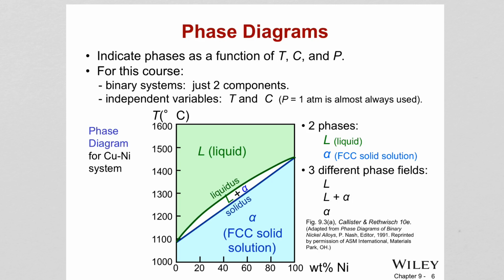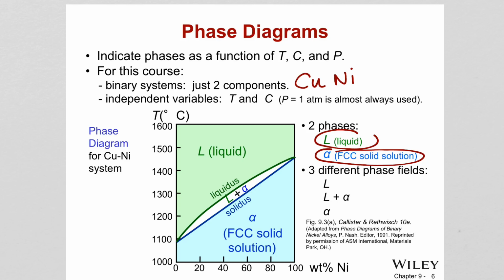So in this phase diagram, for example, we have two components, copper and nickel, and we have two phases, which are liquid and solid, and the solid is an FCC solid solution.